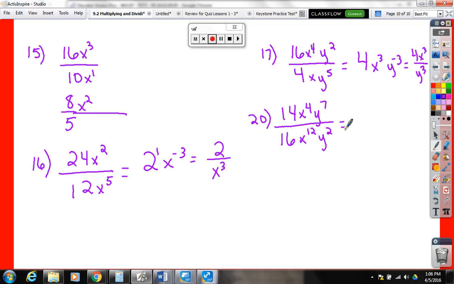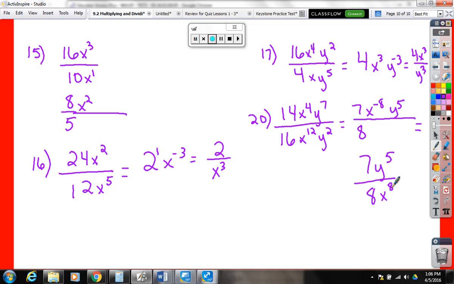Carly. 14 over 16 reduced to 7 over 8. That would be x to the negative 8, and then y to the 5th. Good, and what does that become? 7y to the 5th over 8x to the 8th. Good, nice job.